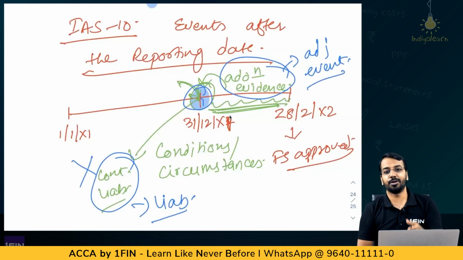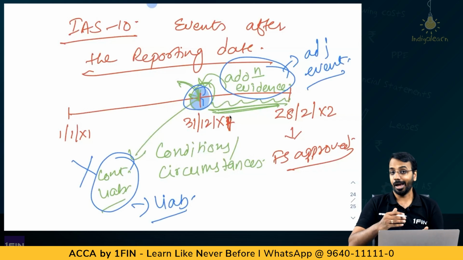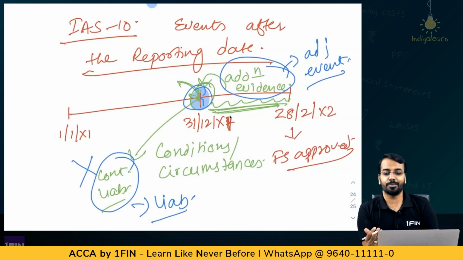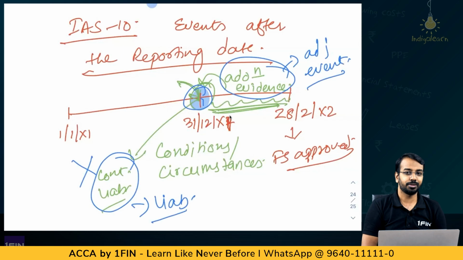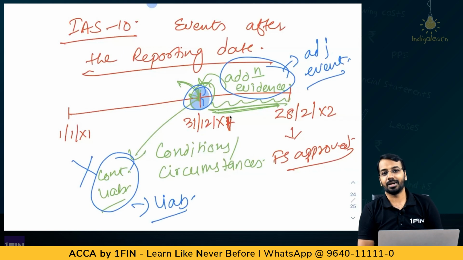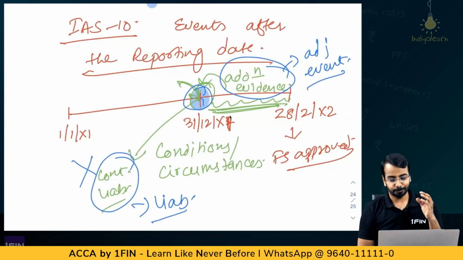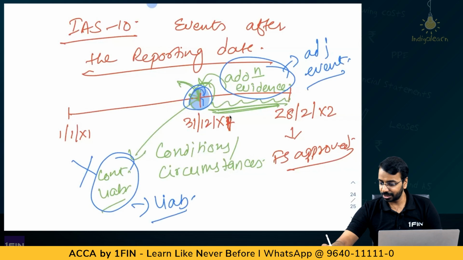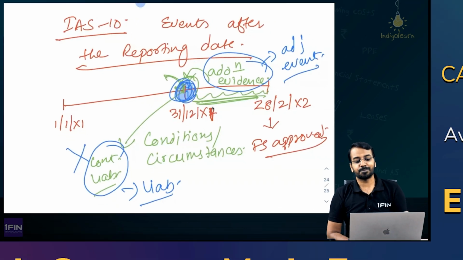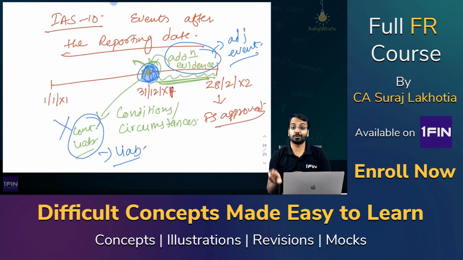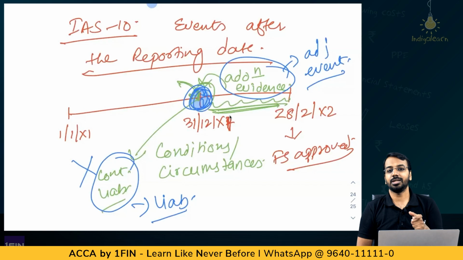Similarly, there could be a customer who is facing difficulties, about which we subsequently get information that the customer has become bankrupt. So, if the customer has become bankrupt, again it is an adjusting event, right. So, if there are conditions on the balance sheet date, and subsequently something happens which gives us more information about conditions existing on the balance sheet date, then we adjust the financial statements.